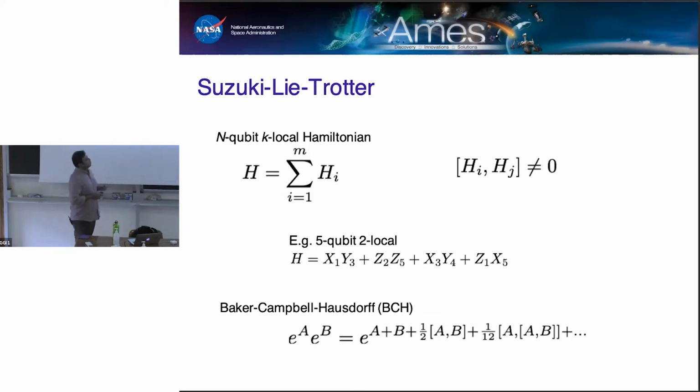Okay, good. So from the Baker-Campbell-Hausdorff formula, we know that the exponential of this Hamiltonian isn't exactly equal to the product of the exponentials of the individual terms because of these commutator terms.